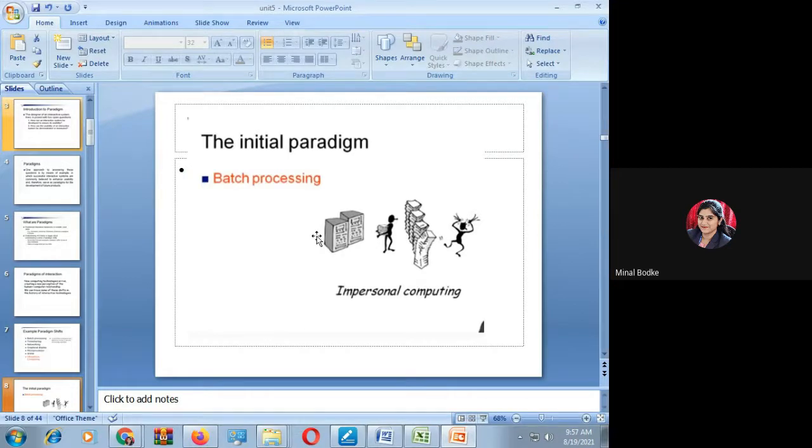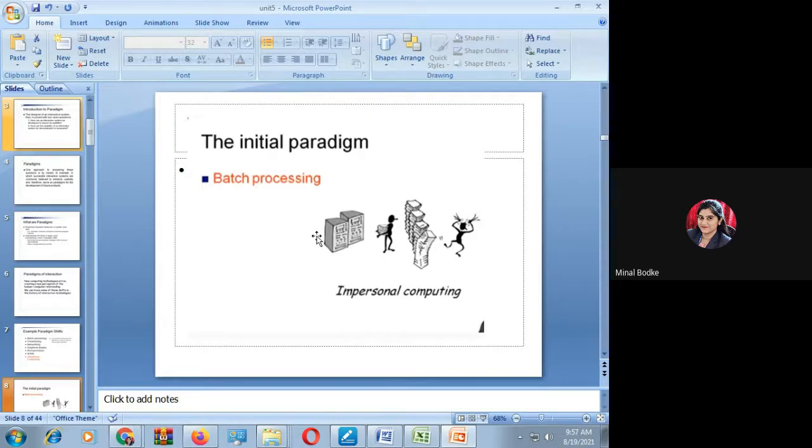Whatever task the computer needed to do, the user needed to have punch cards. On that punch card, you print your instructions for what the computer needs to do. You insert that punch card into the computer in batches. Using these batches, input and output were handled using punch cards. All the things were done by a single user here.